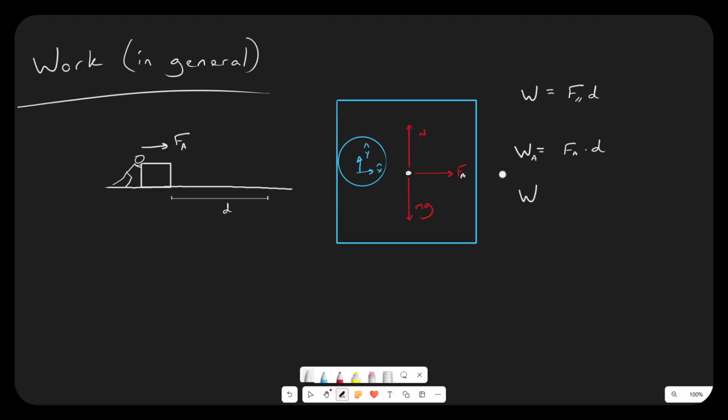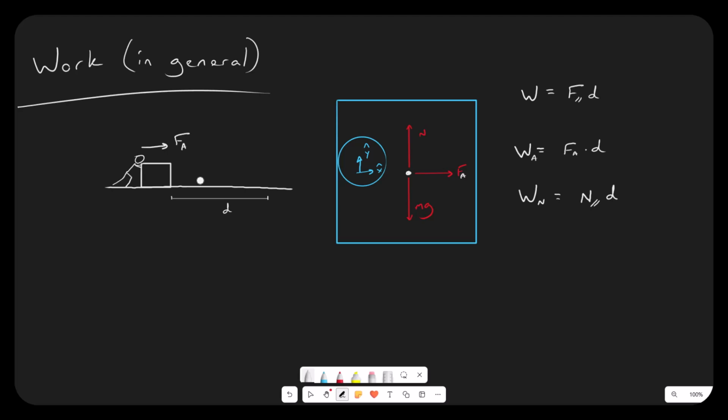I have another non-conservative force, normal force. The work done by my normal force I can calculate. Normal force is a non-conservative force because I can't write a potential energy function that goes with it. I need the parallel component of my normal force times my distance.